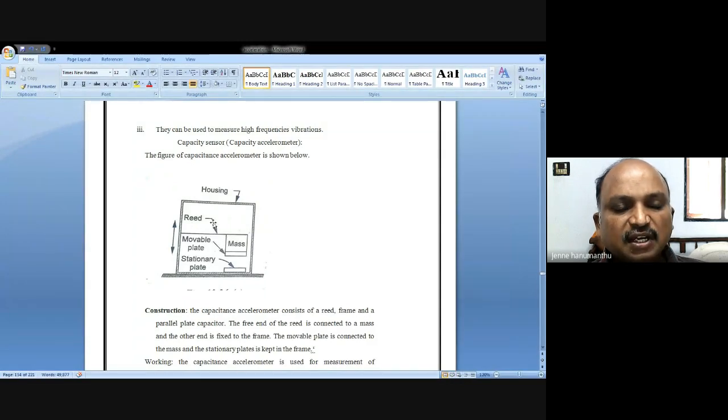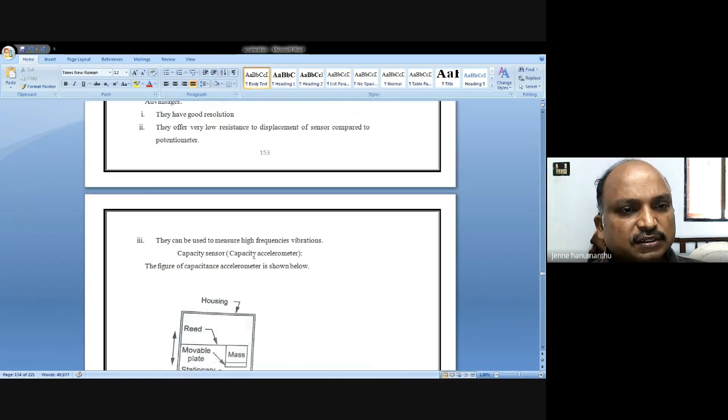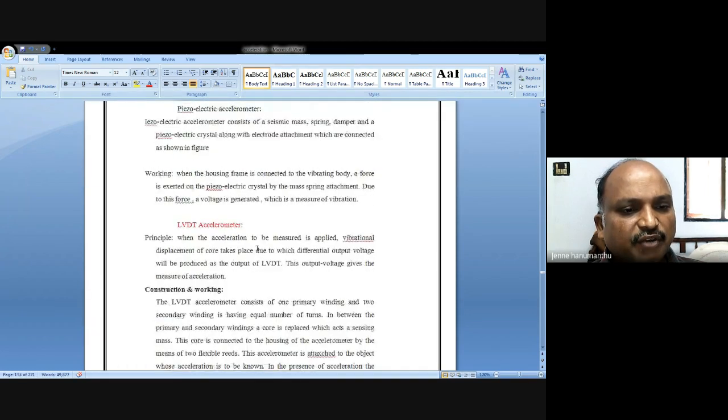The reed provides some damping. Because of this, if any acceleration occurs, the plate positions are going to change. When you apply any acceleration, the core is going to move. It will induce some EMF, and that EMF is proportional to the acceleration.